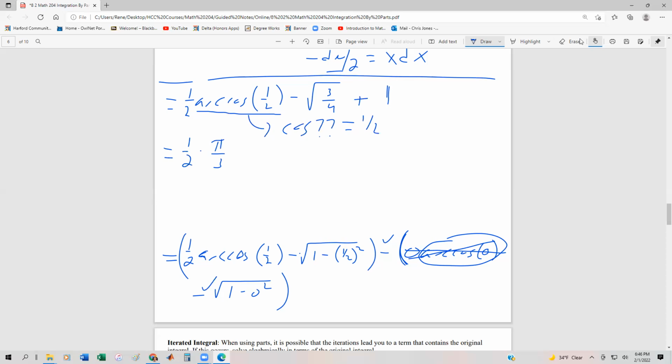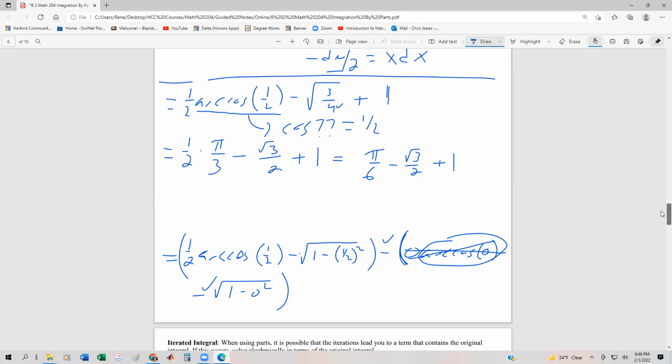And again, a unit circle would be nice to be able to make sure you understand that. Minus, I know the square root of 4 is 2, so I'm going to have the square root of 3 over 2 plus 1. And one possible answer for this without a common denominator would be pi over 6 minus root 3 over 2 plus 1.